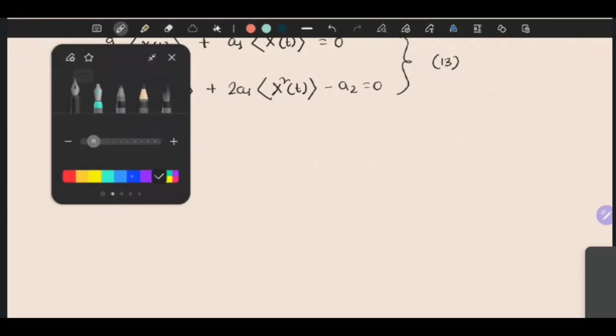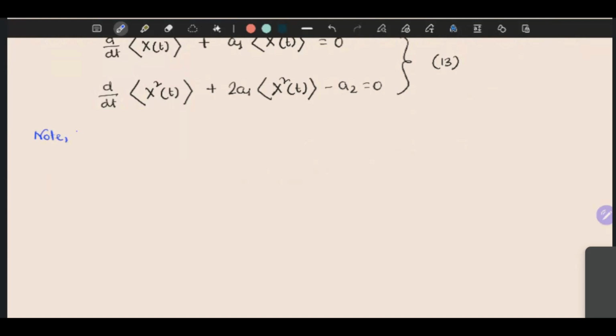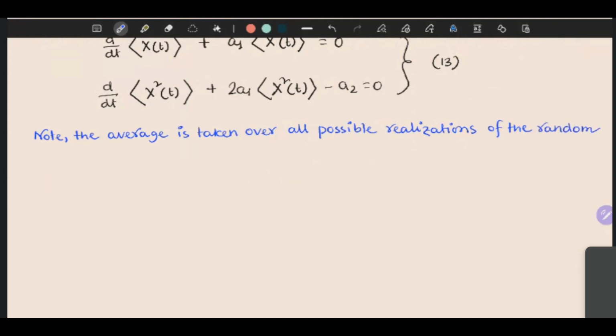So a point to note: the average is taken over all possible realizations of the random process x of t given the specific initial value x naught.